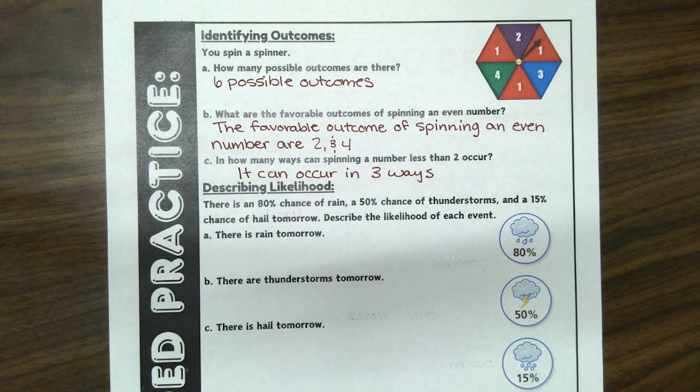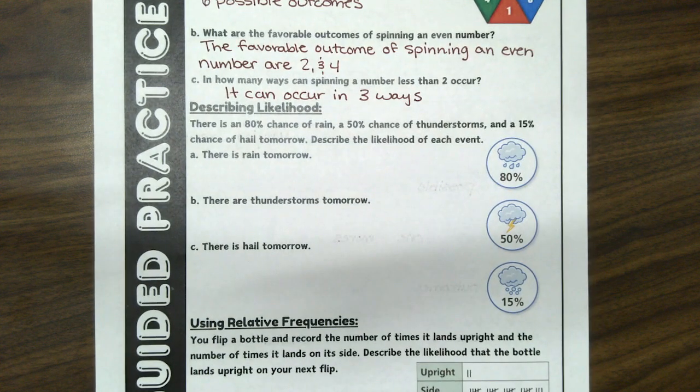So now let's look at describing the likelihood of an outcome happening. Okay, so this one says there is an 80% chance of rain, a 50% chance of thunderstorms, and a 15% chance of hail tomorrow. Describe the likelihood of each event.